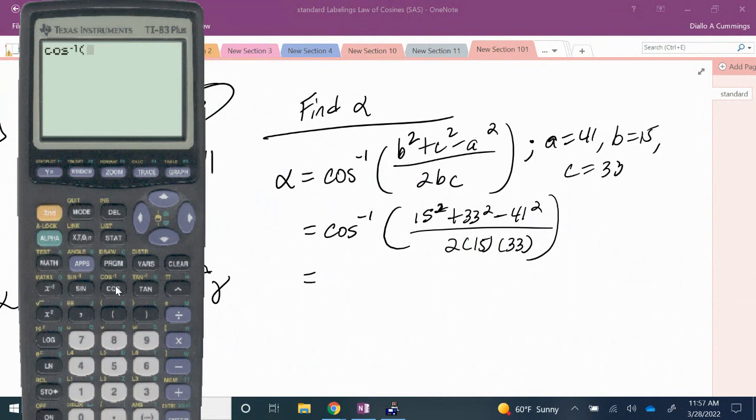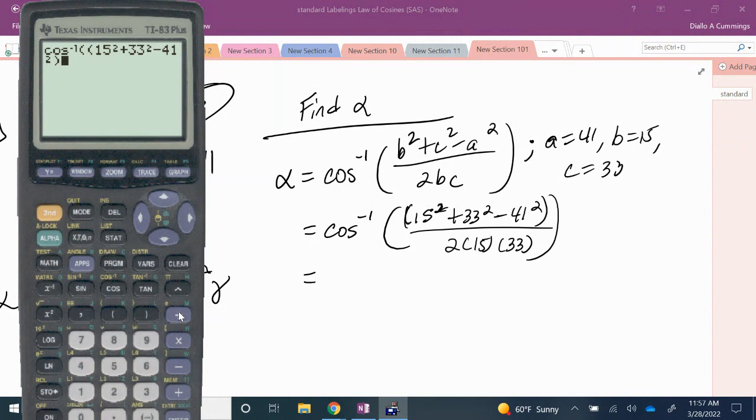The arc cosine, and then I'm going to put a begin parenthesis for my numerator: 15 squared plus 33 squared minus 41 squared. Then I close off my numerator.